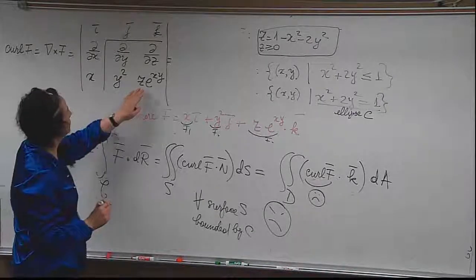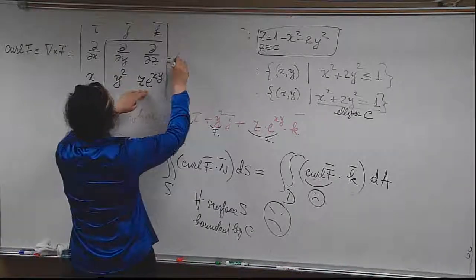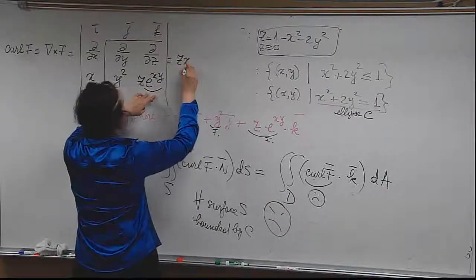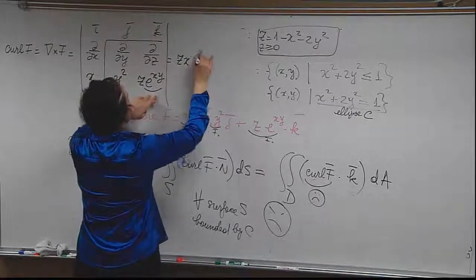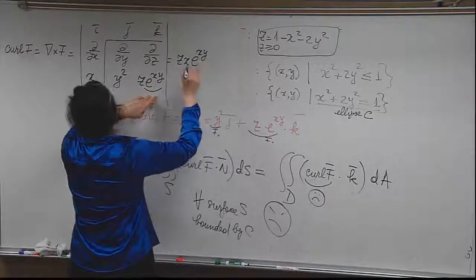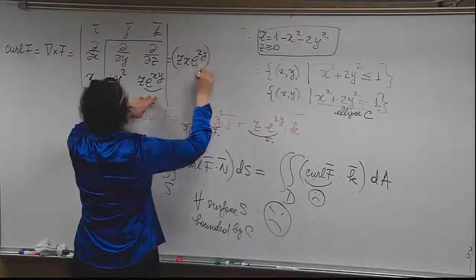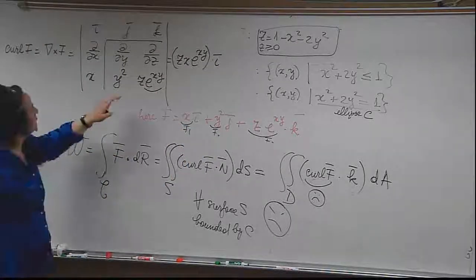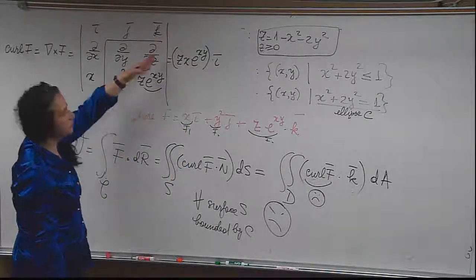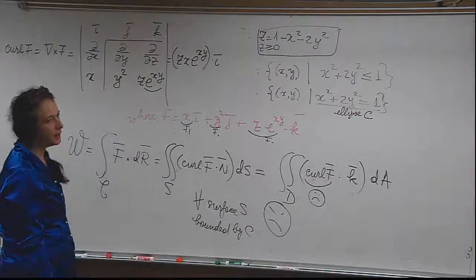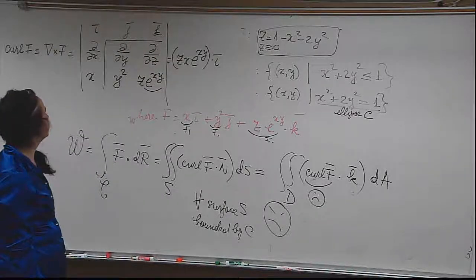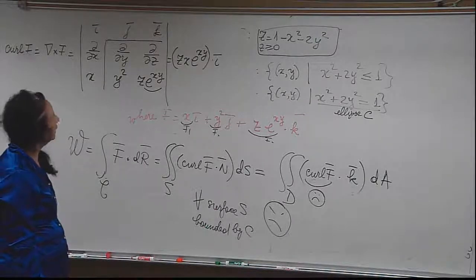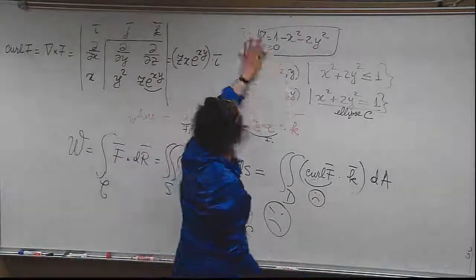The derivative of this guy with respect to y, then z, x, e to the xy, times i. And I don't care about the rest. Why don't I care about the rest? Because when I differentiate y squared with respect to z, it goes away. So I'm done with the first term. I'm going very slow, as you can see, but I don't care.